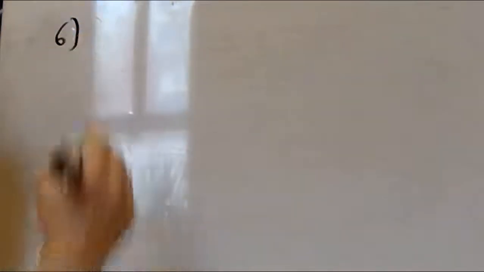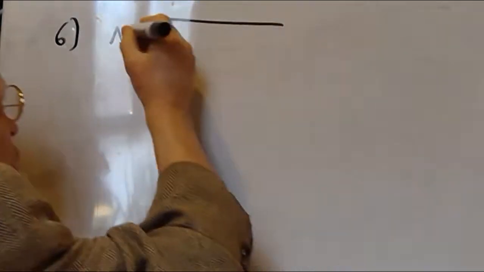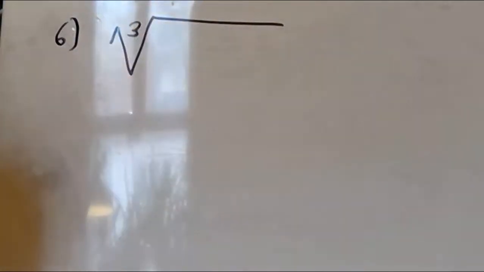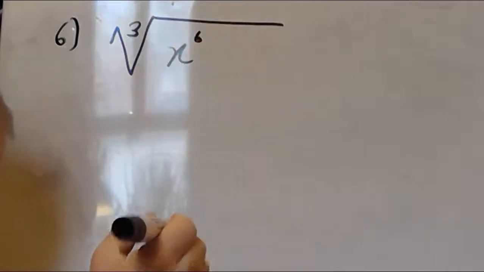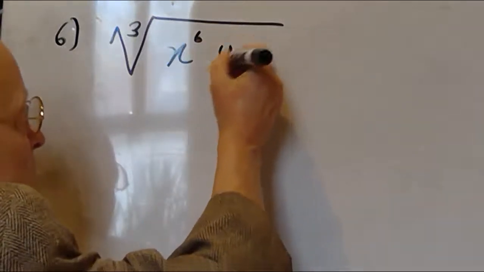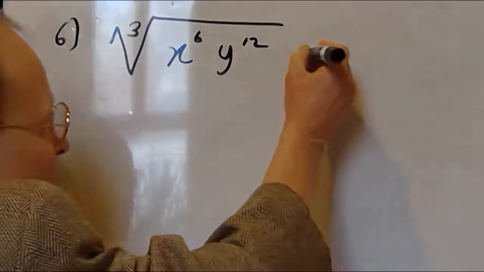In number 6, we're going to look at a situation where we have a cubed root because we have a 3 inside the little radical sign here. And we have x to the 6th, y to the 12th. Well, now I'm going to break them down again like I did before.